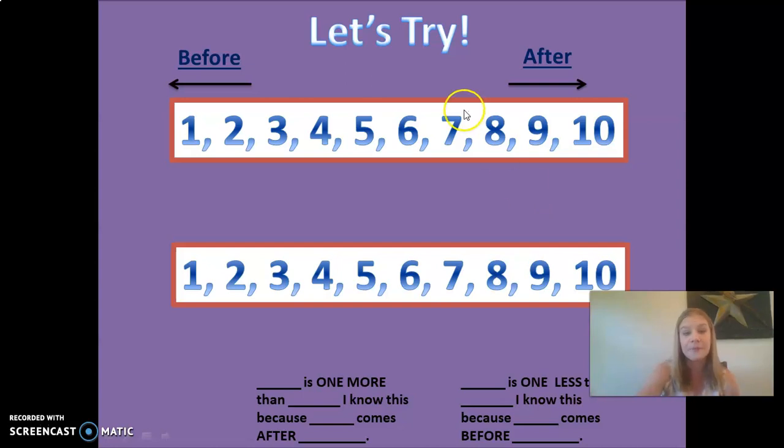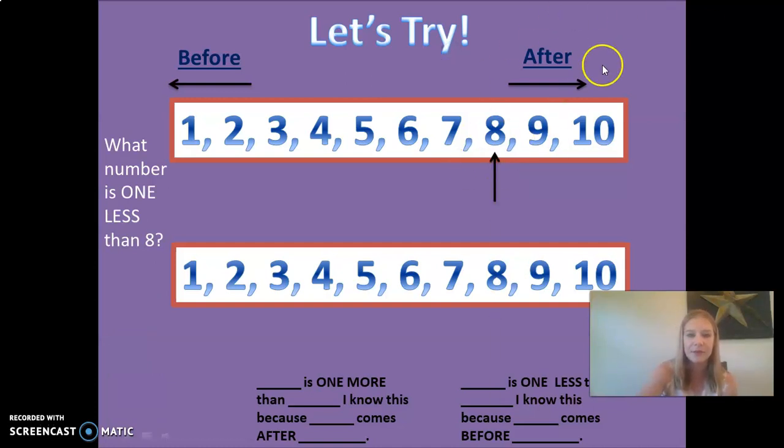Let's try a couple more. So we're going to look at this one up top first. So here's this number line. What number is one less than 8? So here's 8. The number that's going to be one less than 8 needs to come before 8. A number that's more than 8 will be on the right, after 8. So 8's in the middle.